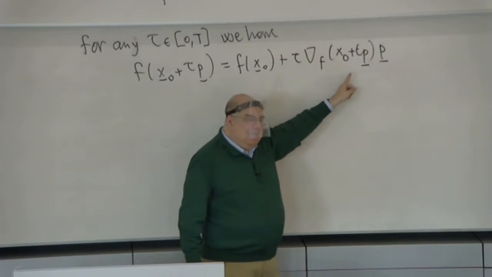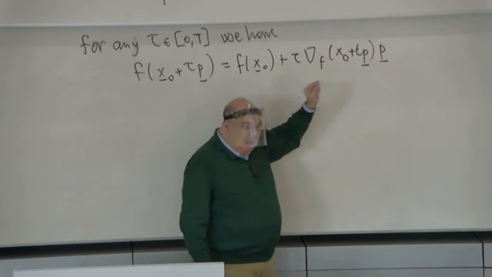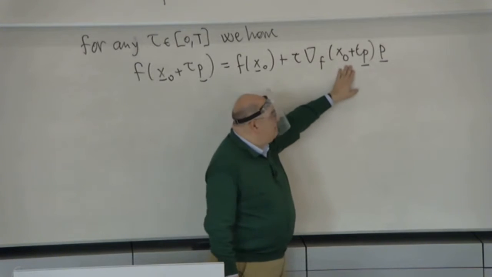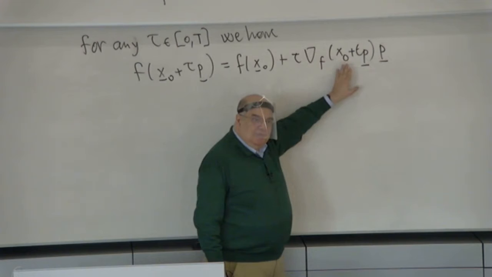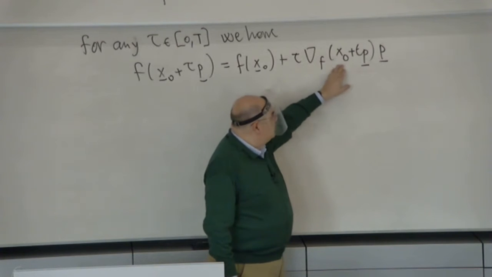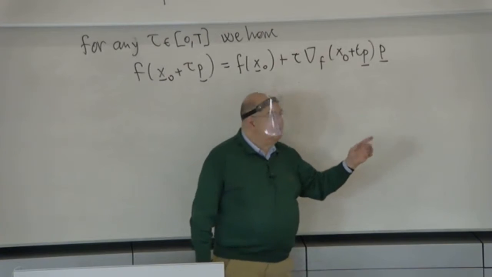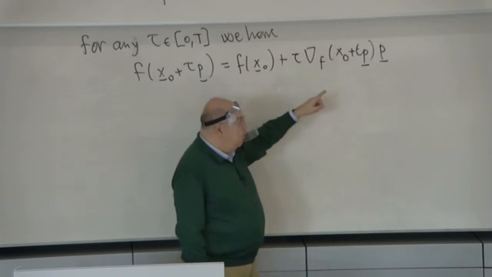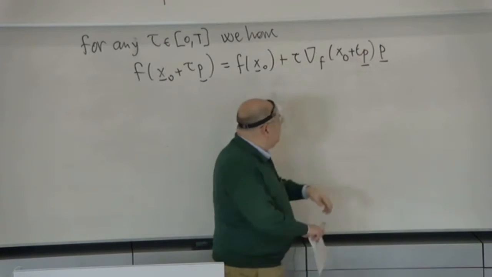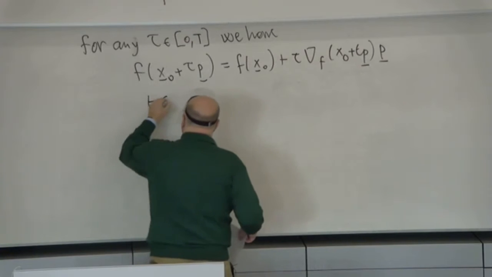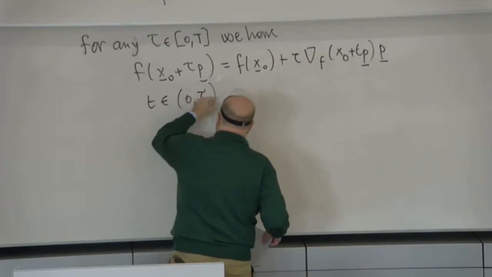By the way, this is the same trick we will be using in the last algorithm that I will present, so it's very important to remember this form. So we take any tau there, and you get equality here, and that equality is true for some t in the interval 0 to tau.